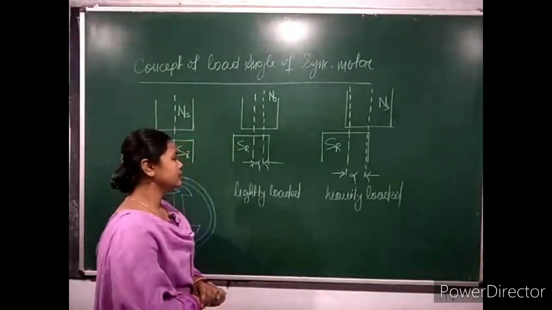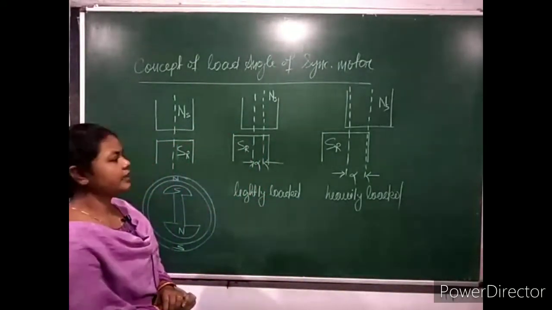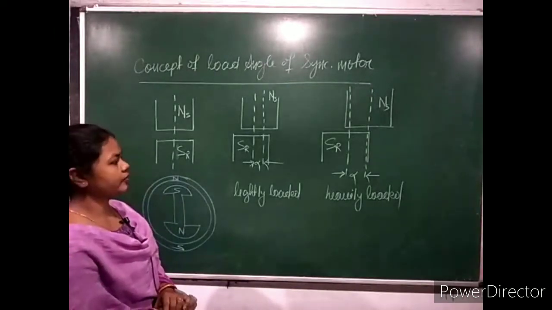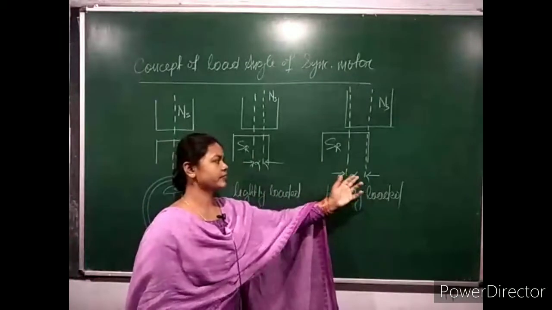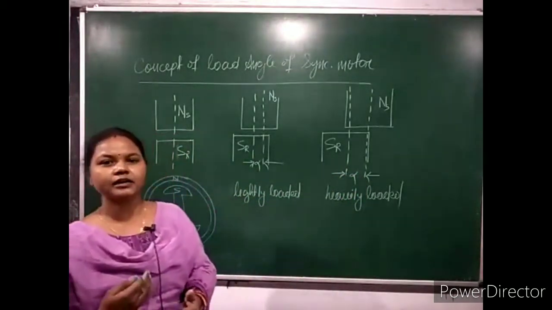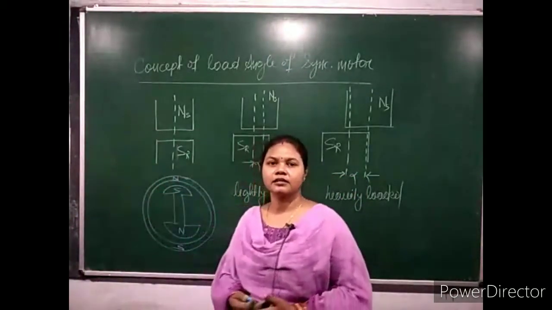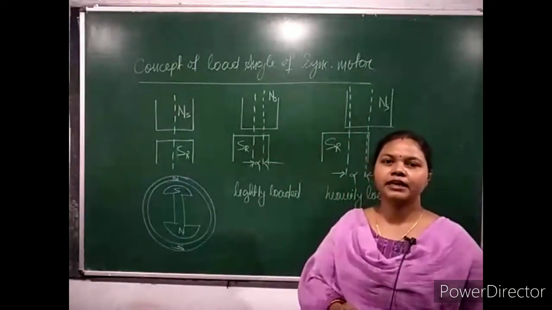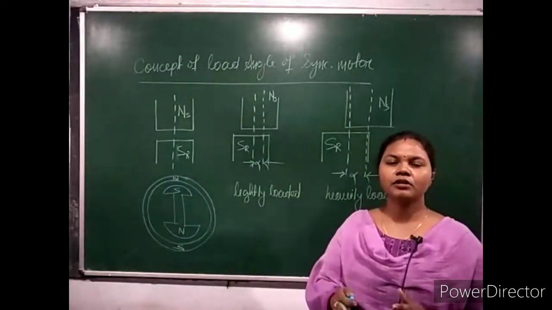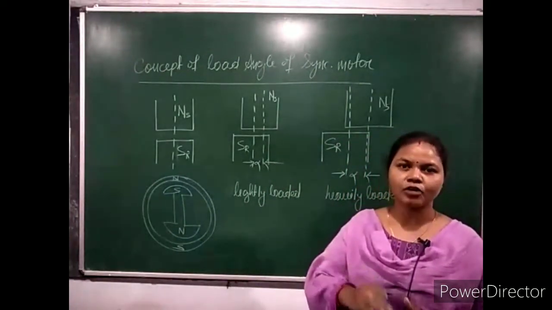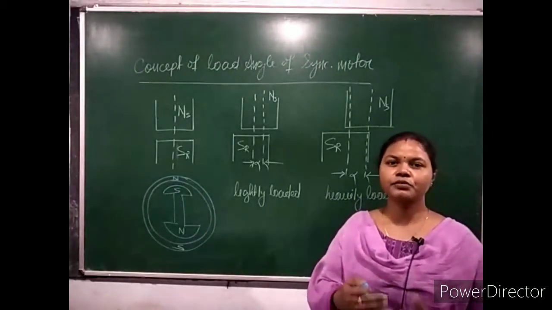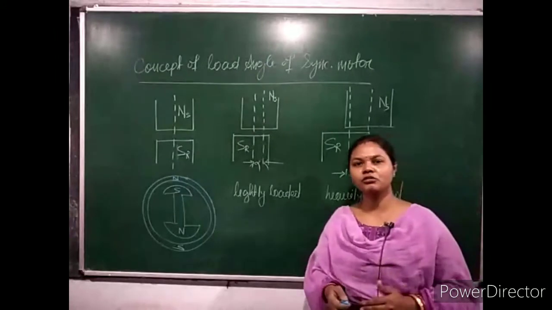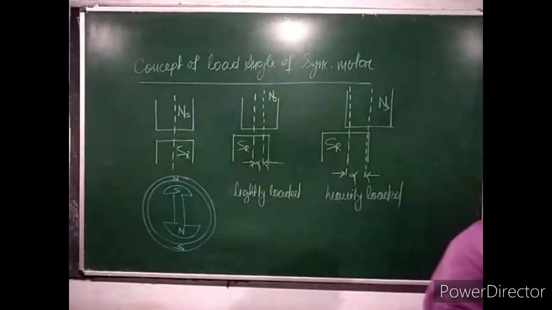When more mechanical load is given to the motor, this alpha angle increases. If you increase the mechanical load heavily, then the rotor pole goes out of phase with the stator, due to which the motor comes to a standstill condition.